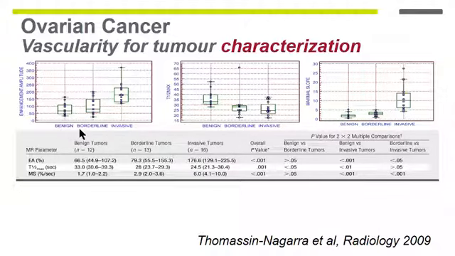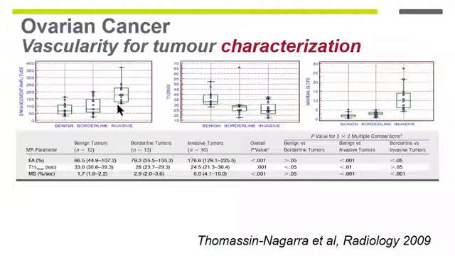The contrast-enhanced imaging you can use, as I say, in a semi-quantitative way to look at how quickly and how extensively the contrast is uptaken, the amplitude of the contrast enhancement, the time it takes to reach half the maximum value, and the slope of the enhancement, how briskly it enhances.